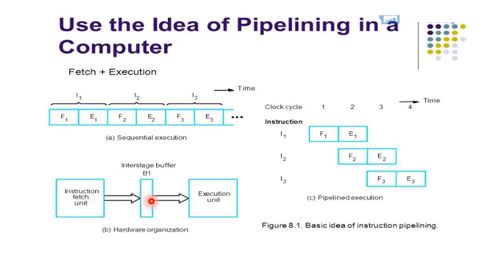This buffer is needed to enable the execution unit to execute the instruction while the fetch unit is fetching the next instruction. The results of execution are deposited in the destination location specified by the instruction. For this purpose, we assume that both the source and destination of the data operands used by the instruction are inside the block labeled execution unit.